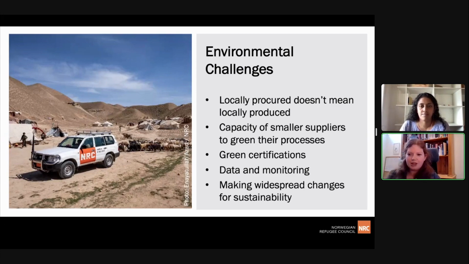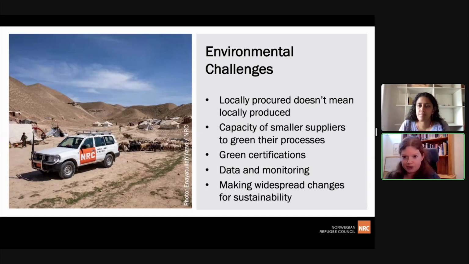So you may find that many of the goods in a local market have come from halfway across the world and have had less oversight of their production than we might have required if we'd done the international procurement. However, it does mean we have the flexibility to make some choices and to talk to the suppliers about those.